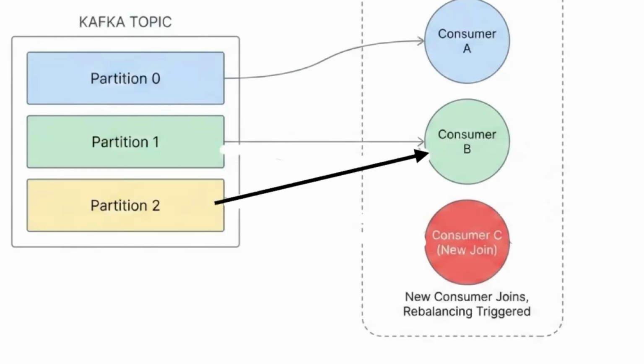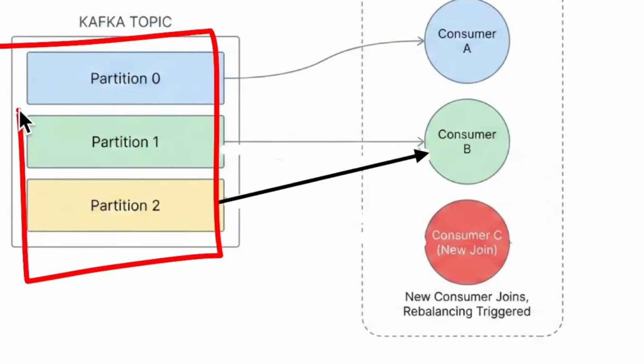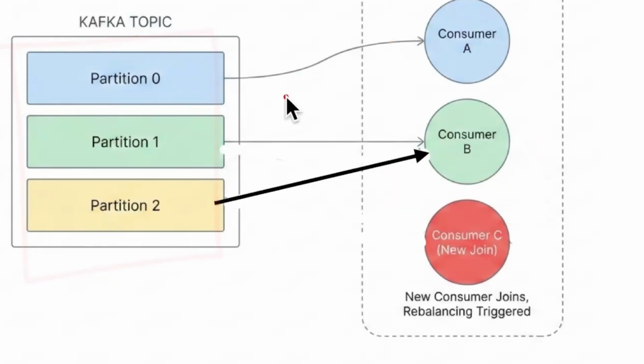Let's look at another scenario. You have 2 consumers and 3 partitions. Initially, consumer A is reading from here, consumer B is reading from the next partition. Because there is no more consumer, consumer B will be reading from the third partition as well.